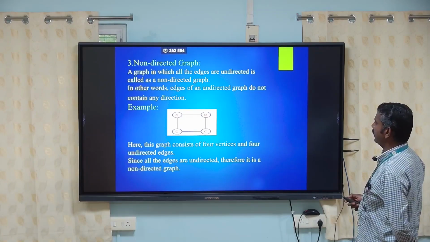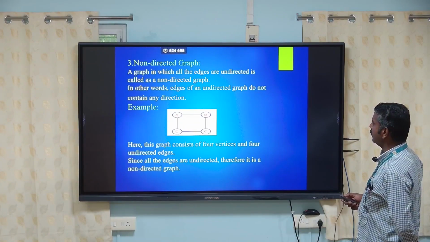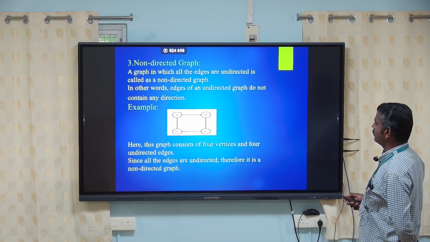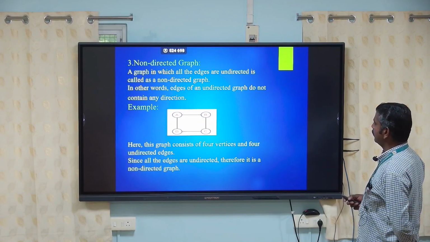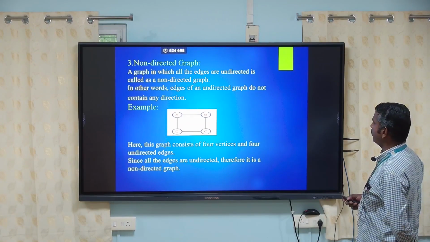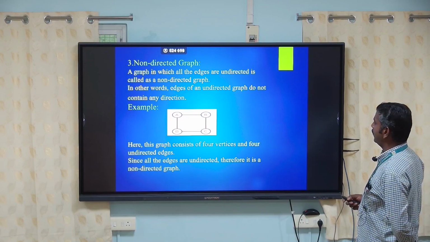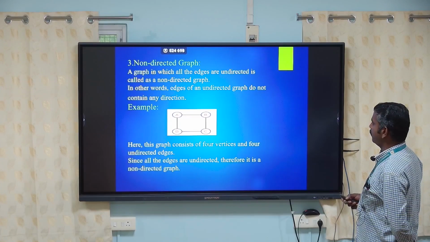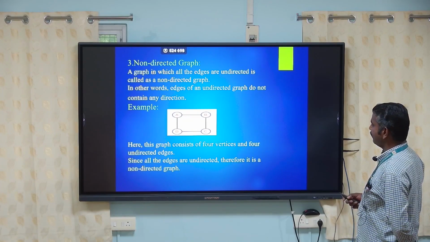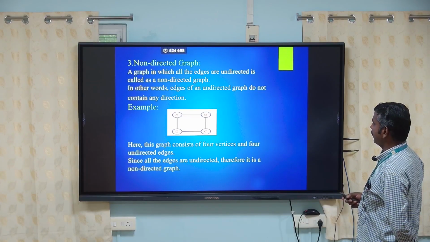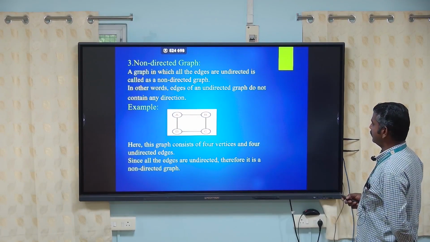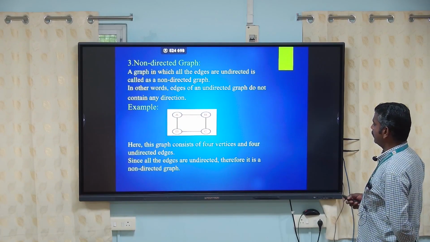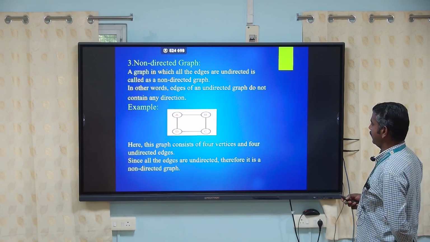Non-directed graph. A graph in which all the edges are undirected is called a non-directed graph. In other words, edges of an undirected graph do not contain any direction. For example, 4 vertices and 4 edges consist of the graph. Here this graph consists of 4 vertices and 4 undirected edges. Since all the edges are undirected, therefore it is a non-directed graph.